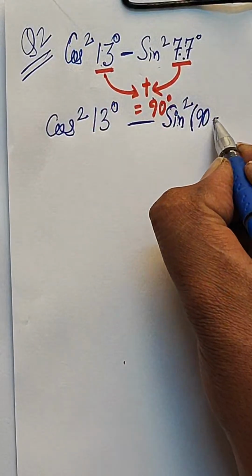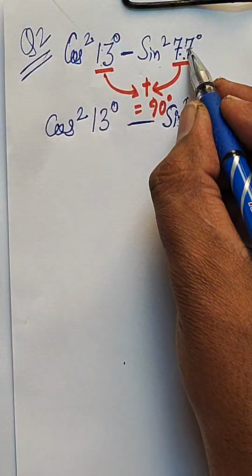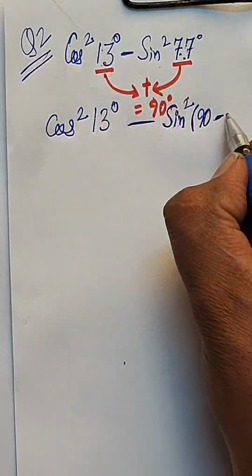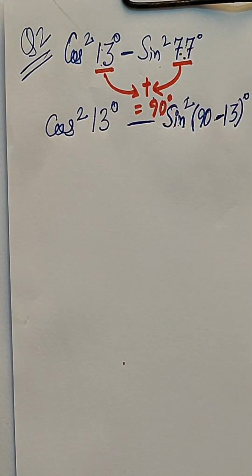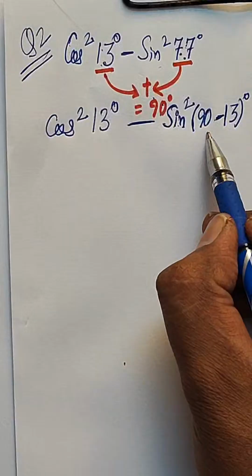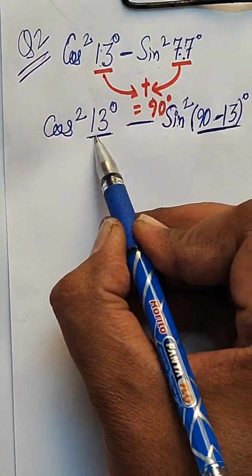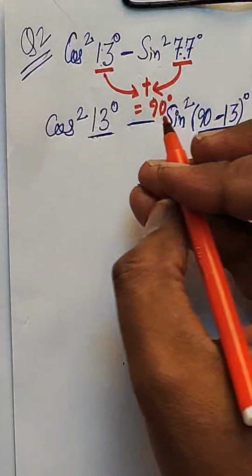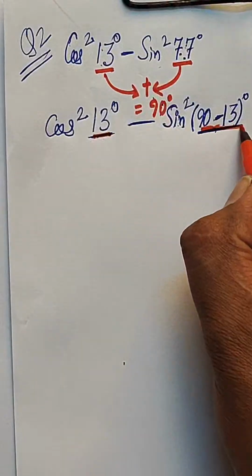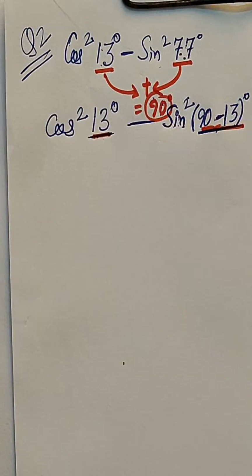Since 77's complementary is 90 minus 13, just write 90 minus 13 degree. Right? So here you can see, if you add 13 and 90 minus 13, the sum will be equal to 90 degree, because 13 and 13 will be cancelled out.